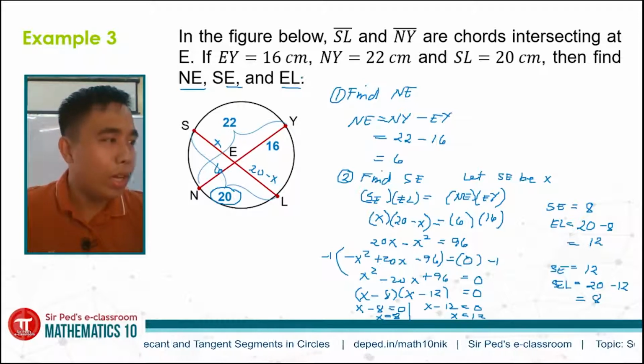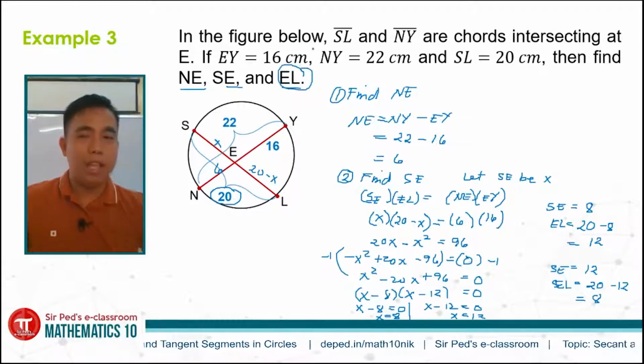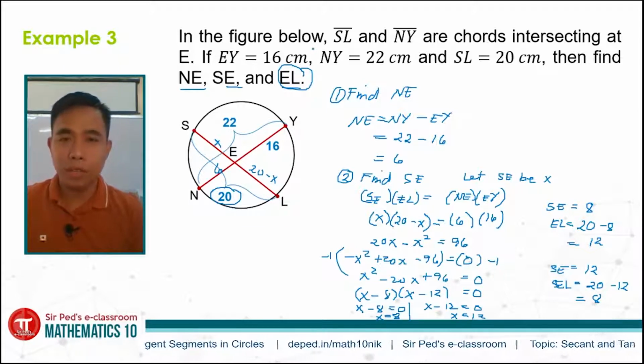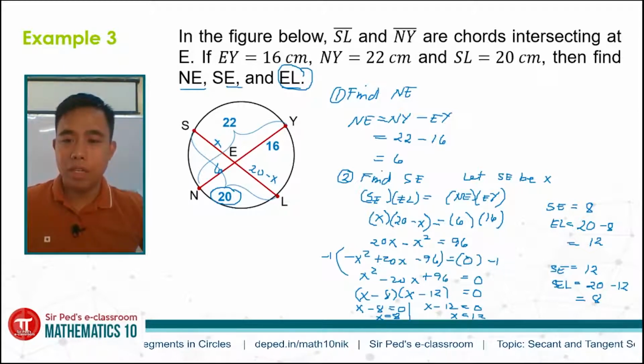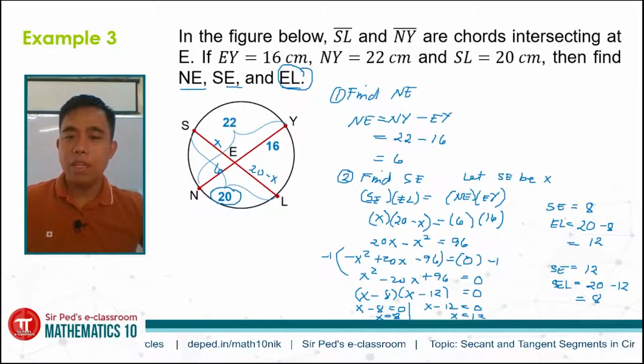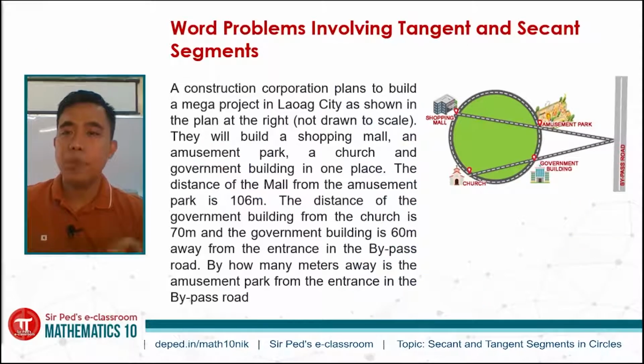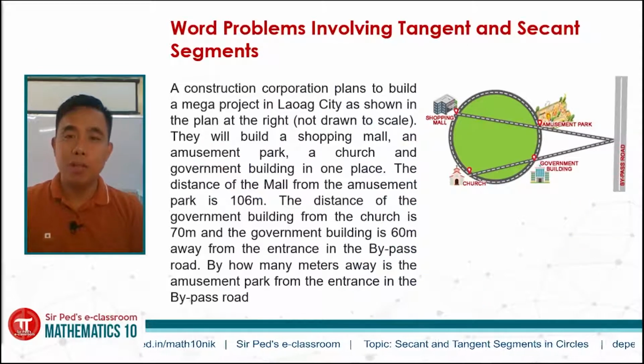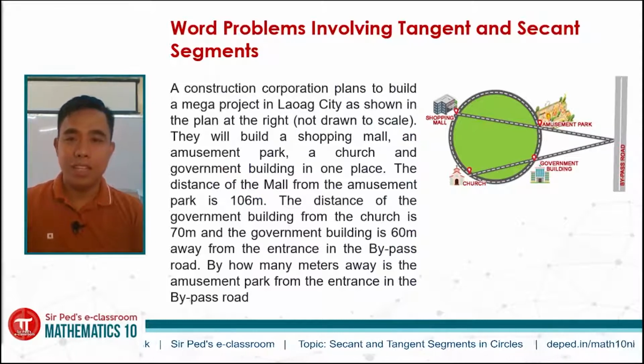So, nakuha na din natin si EL. So, we are done with example number 3. Okay? Now, let's proceed to word problems involving tangent and secant segments in circle.